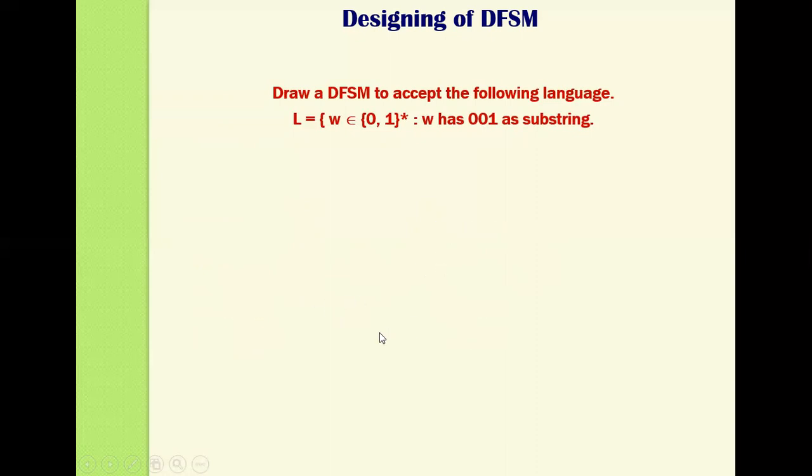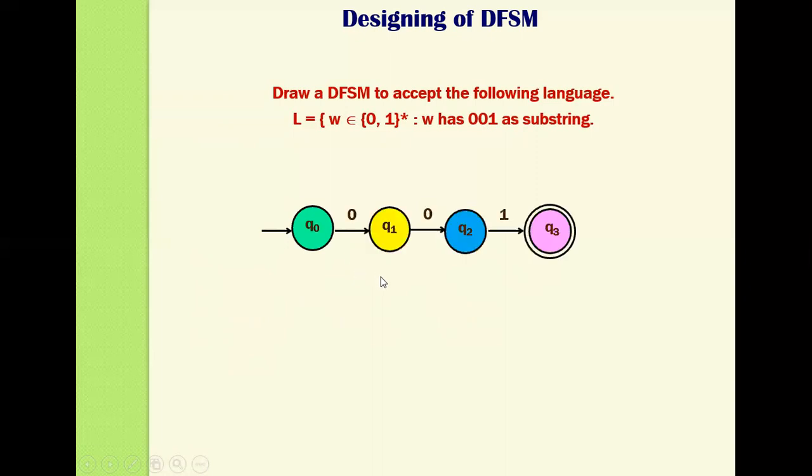Just like the previous example, here also I have 001. Now I can have a self loop here. Then I can have 1 here, so that 1001. Now look at this, 001 is possible. Again I can have 0 and 1 as a self loop here. So guys, this much you know now.